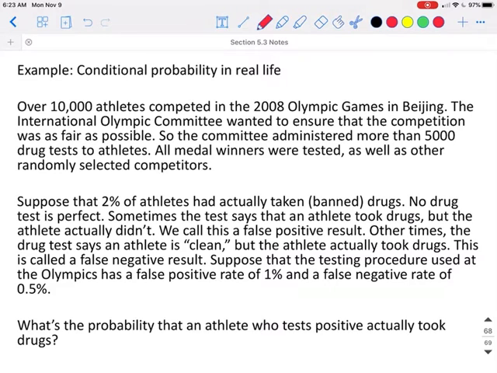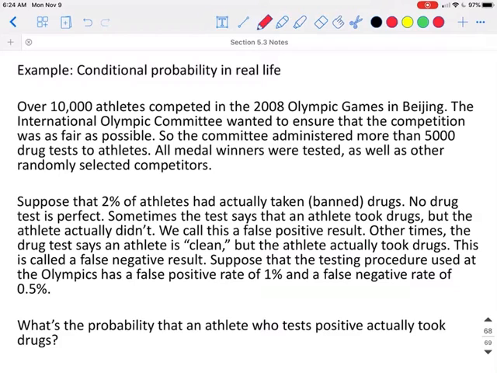No drug test is perfect. Sometimes the test says that an athlete takes drugs, but the athlete actually didn't. We call this a false positive result. Other times, the drug test says that an athlete is clean, but the athlete actually took drugs. This is called a false negative result.